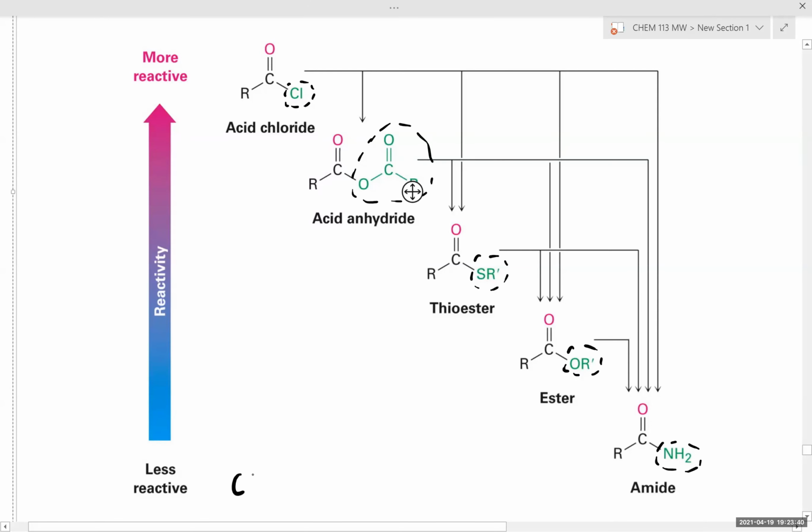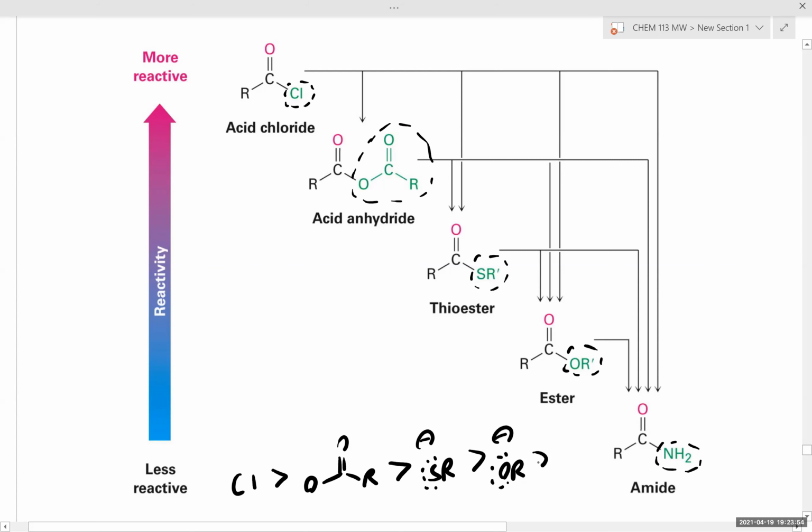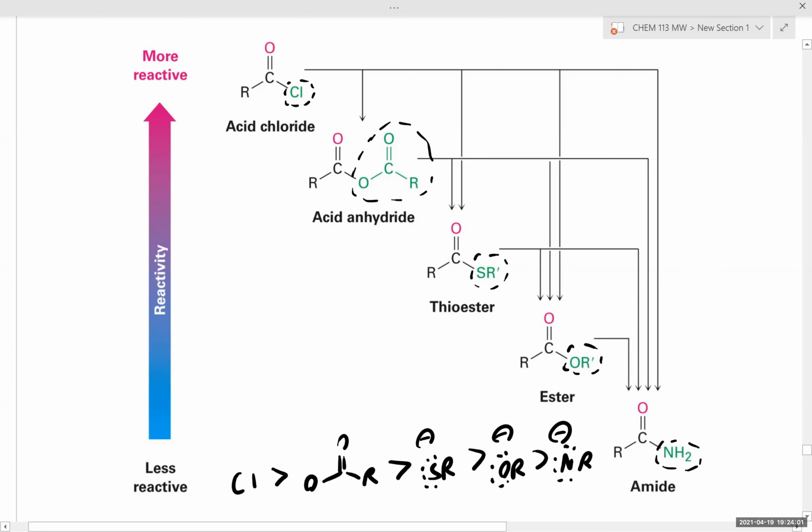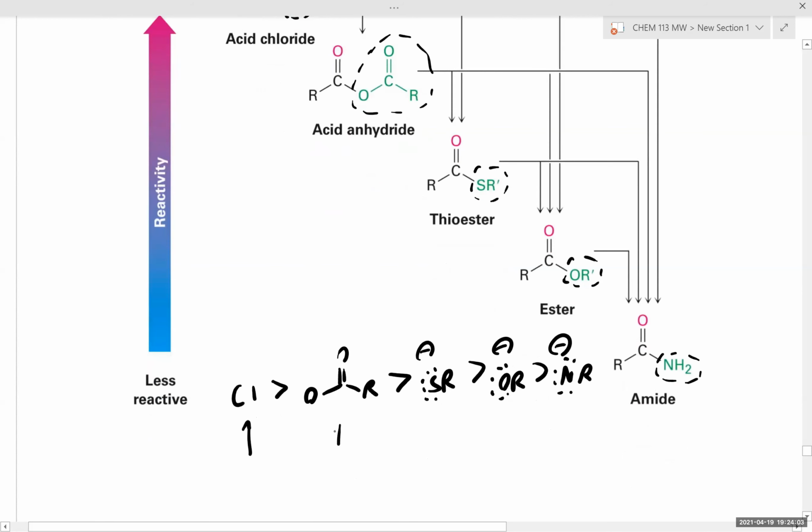If we think about chloride, acetate, thiolate, alkoxy groups, and amides, what we notice almost immediately is that your most reactive acyl group derivatives, thinking about chloride and acetate, so your acyl chlorides and anhydrides, what do we notice about these leaving groups?